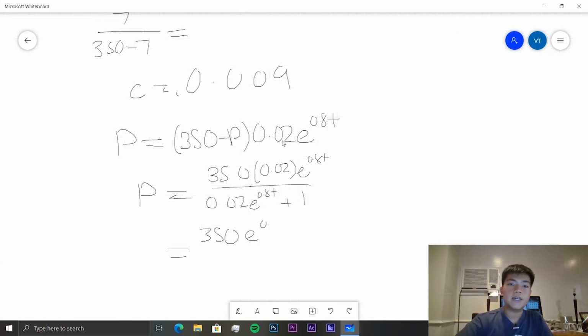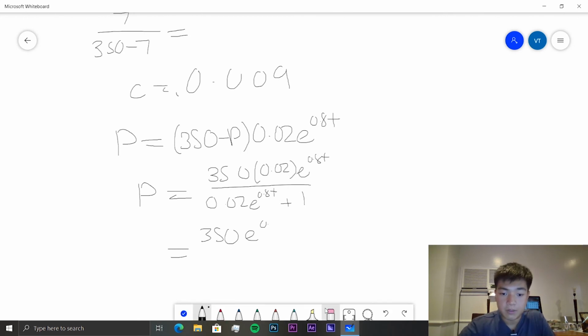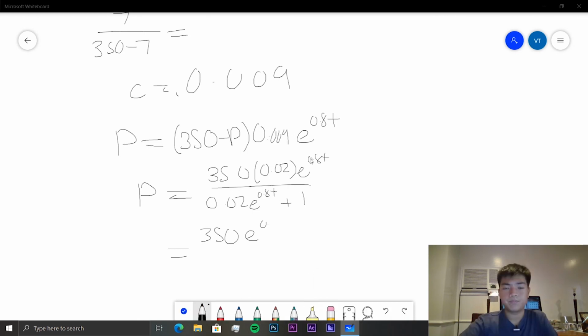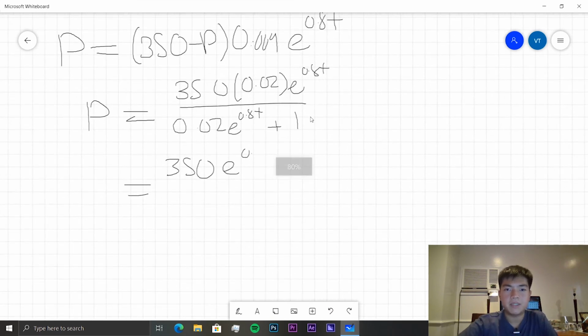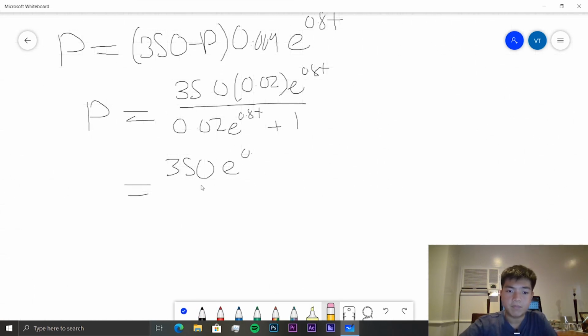So we have p is equal to 350 times 0.009. But I think they've made a mistake. I think the book made a mistake because they've multiplied 0.02 to the constant, which is incorrect. This should be 350 times e to the 0.8, I mean, not 0.02, I mean 0.009.